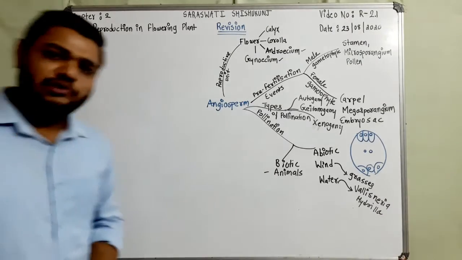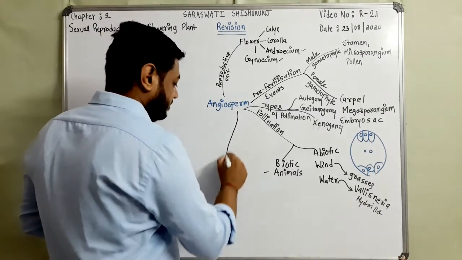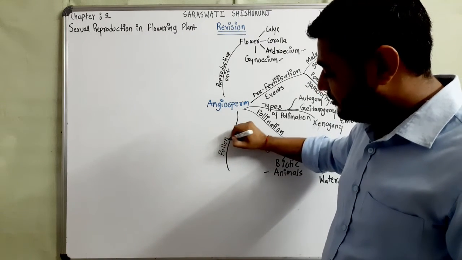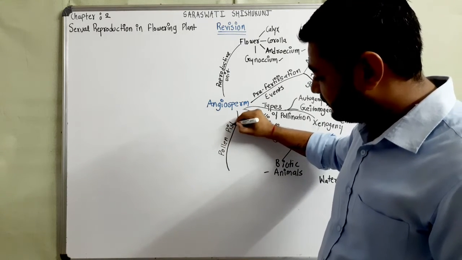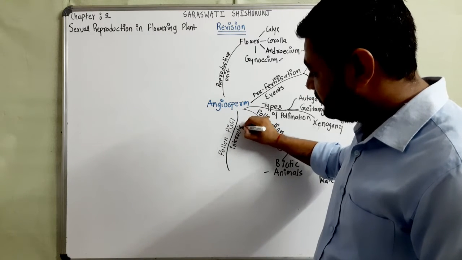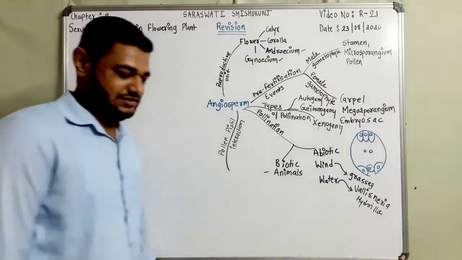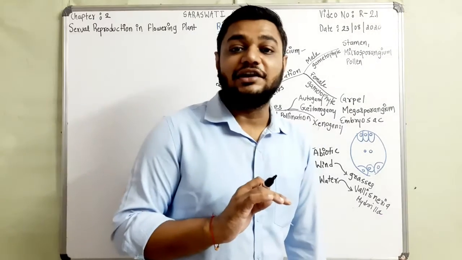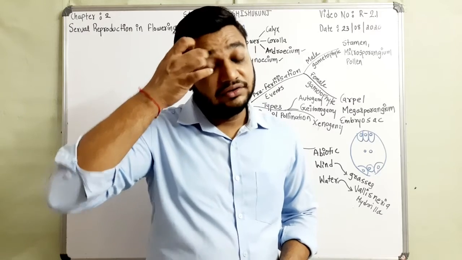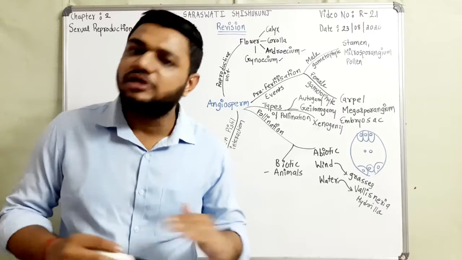After that, when pollen lands on the stigma, there is a process called pollen-pistil interaction. So what happens in pollen-pistil interaction? It is the recognition of the pollen which lands on the stigma, whether it is compatible or not.